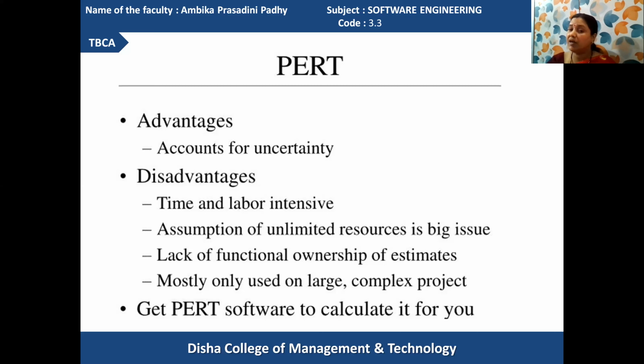Assumptions of unlimited resources is a big issue. If you fail to use the likely set of resources, then you are assuming a pessimistic set of resources, and that assumption may require resources to be arranged prior to starting the job.